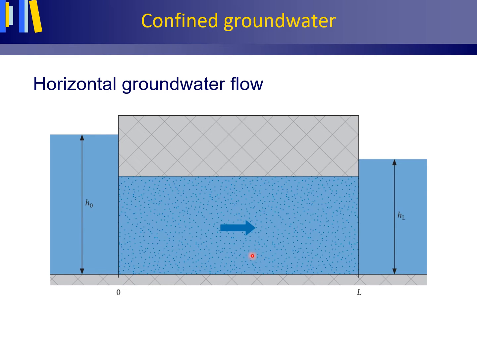The same reasoning goes for the vertical in x is L. Each point of the vertical has the same hydraulic head HL, and the vertical in x is L is also an equipotential, albeit with a lower hydraulic head value than at x is 0.